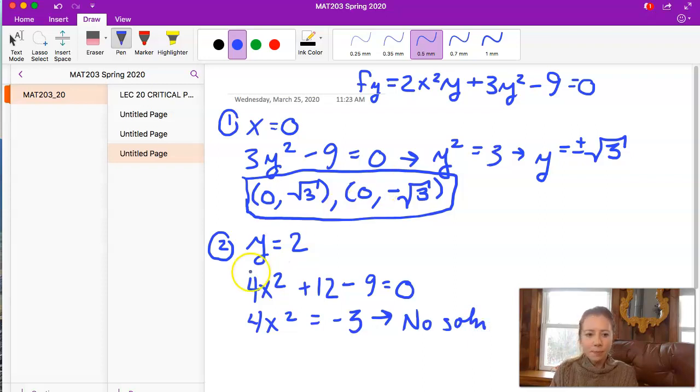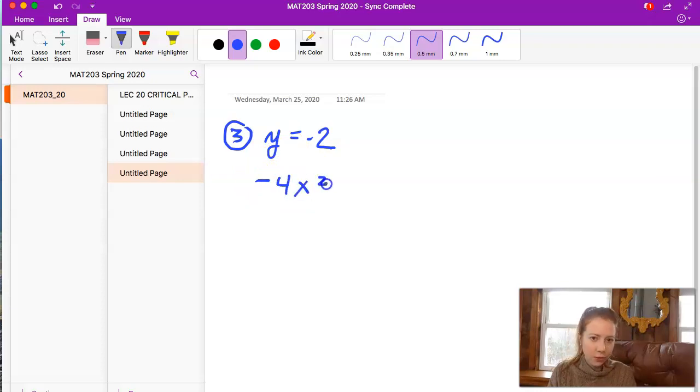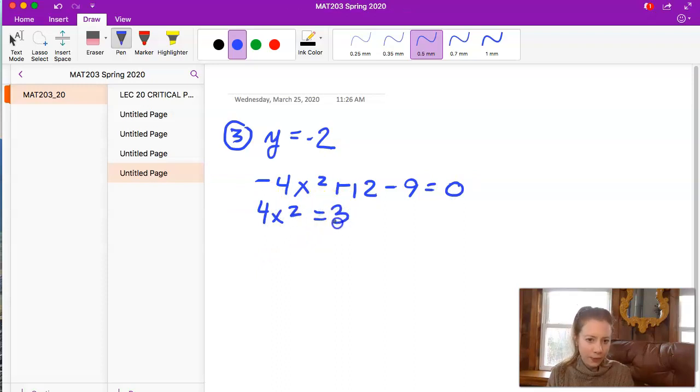So let's move on. Okay, no critical point there. So I'm just going to open up a new sheet again. All right, so next, let's look at our last one. Let's look at y is equal to minus 2. And if we plug that in, we end up with minus 4x squared plus 12 minus 9 is 0. And so this gives us 4x squared is equal to 3.